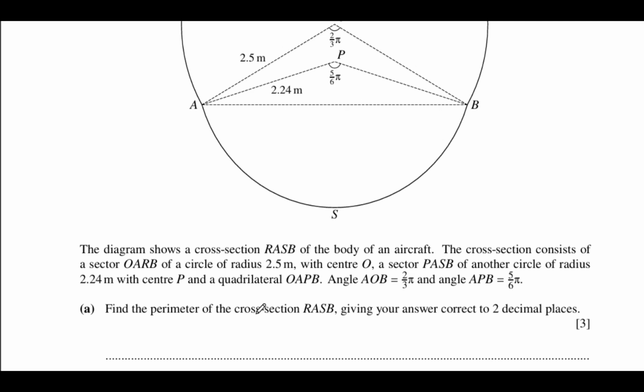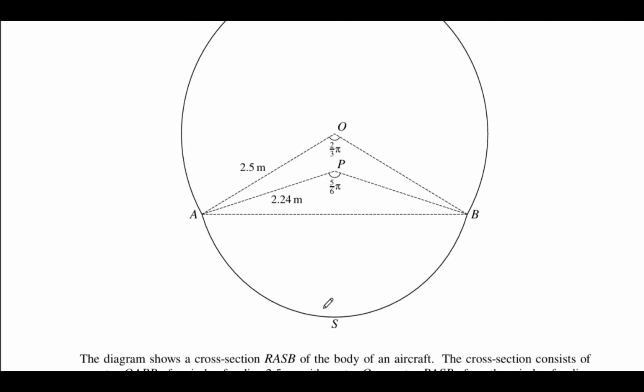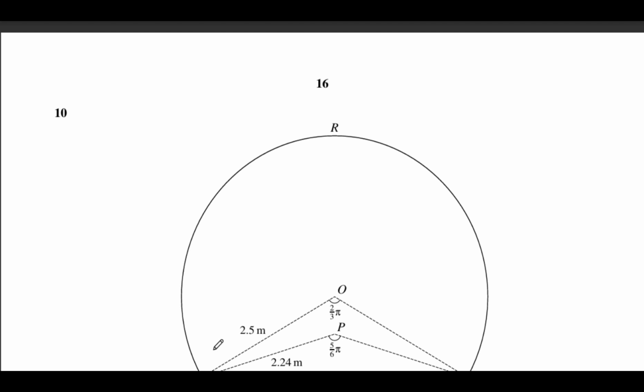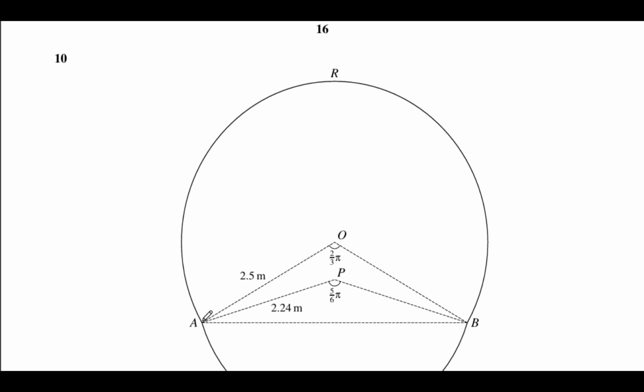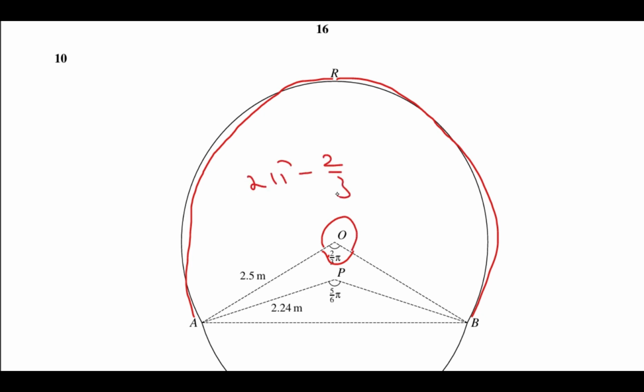So we have to calculate the perimeter of cross section RASB, and this will be this line. First of all we will calculate the arc length, but we have to understand that this angle equals 2 by 3 pi, and the whole angle will be 2 pi minus 2 by 3 pi.